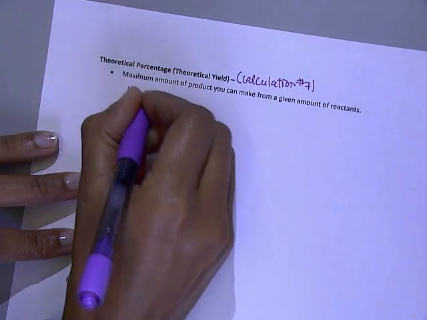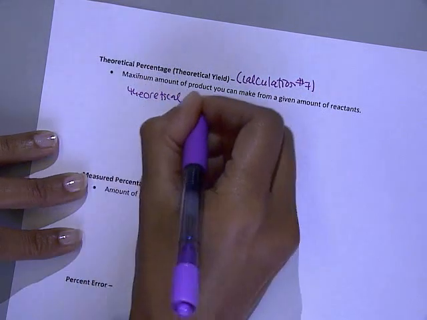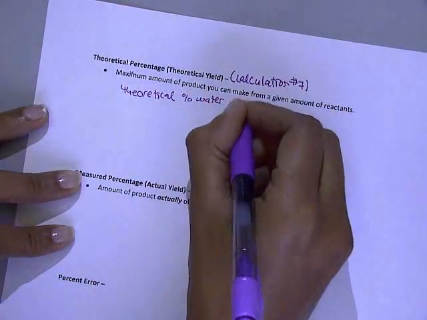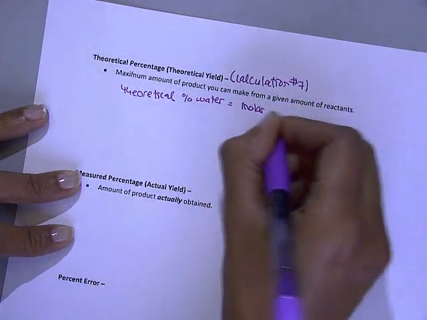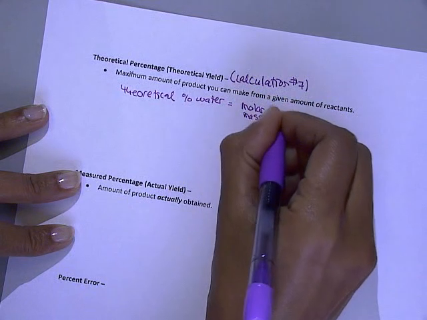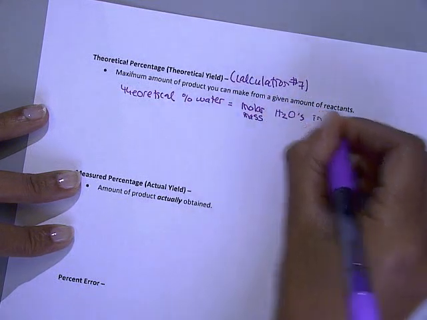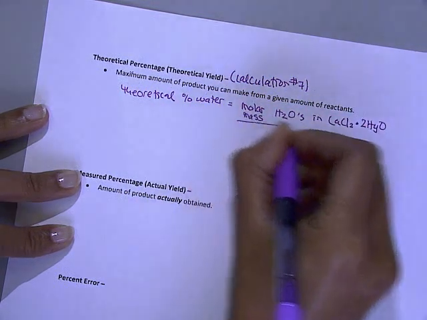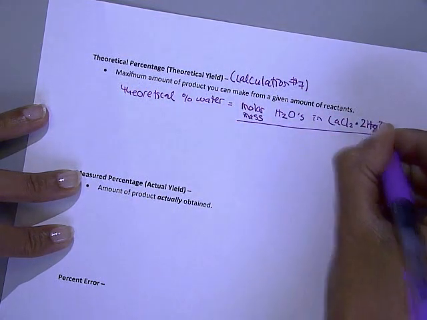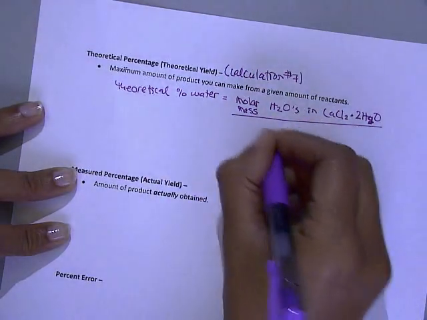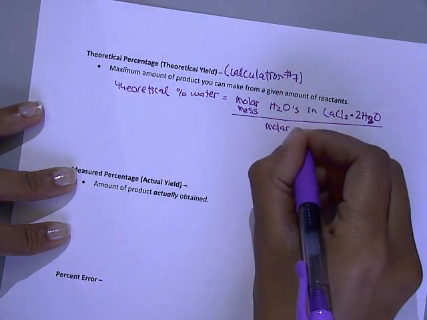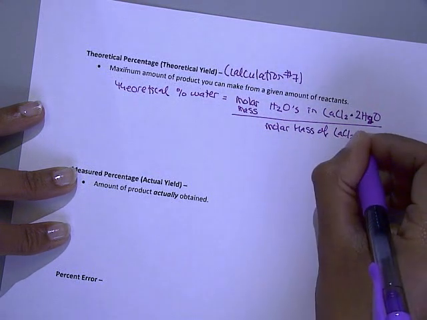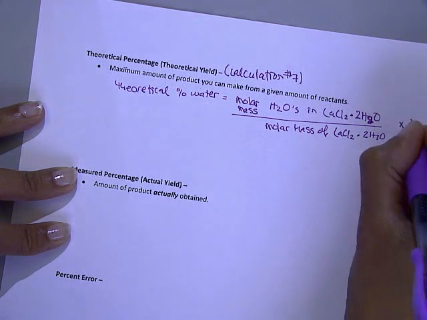So here, the theoretical percent of water is defined as, in this case, the molar mass of 2 H2O in, for our example, calcium chloride dihydrate, over the molar mass of your hydrate, which is the molar mass of calcium chloride dihydrate, times 100.